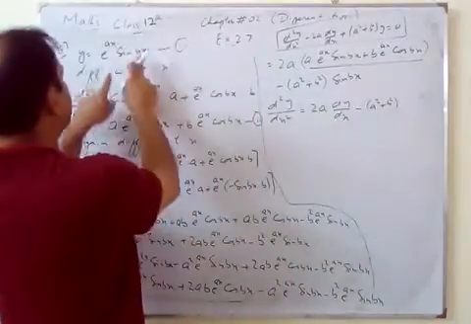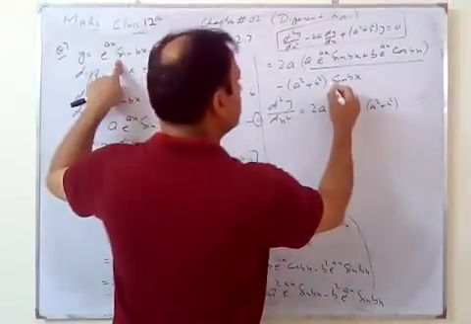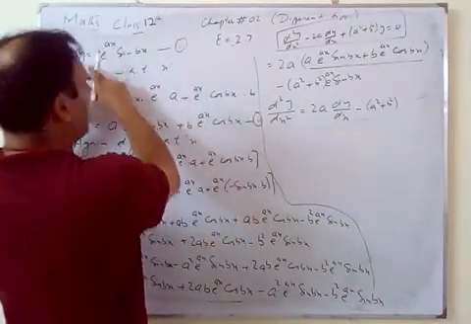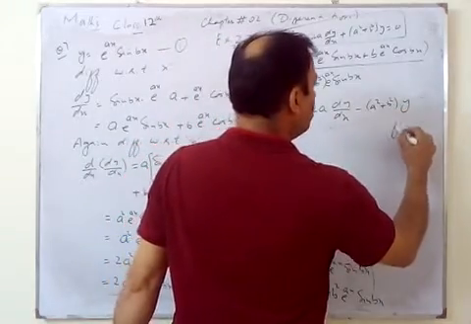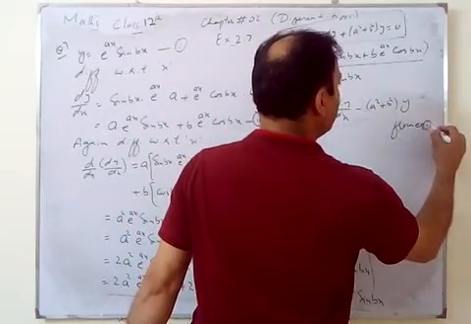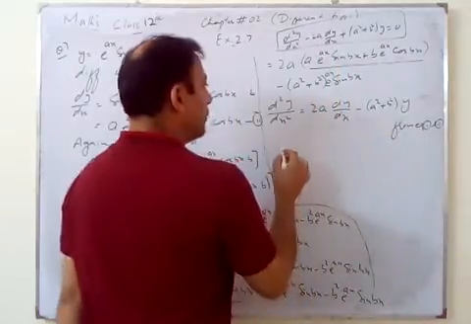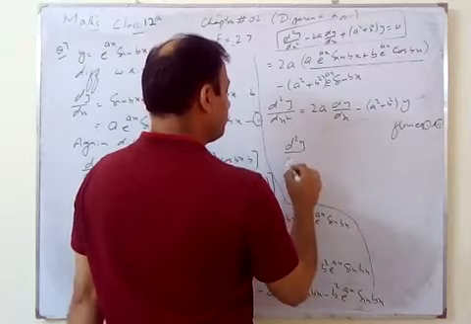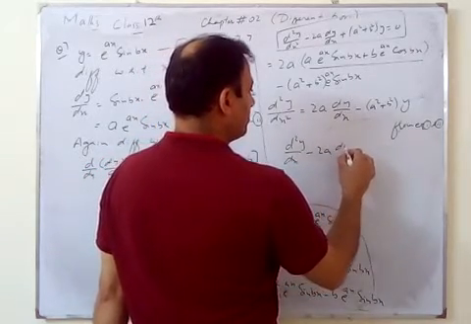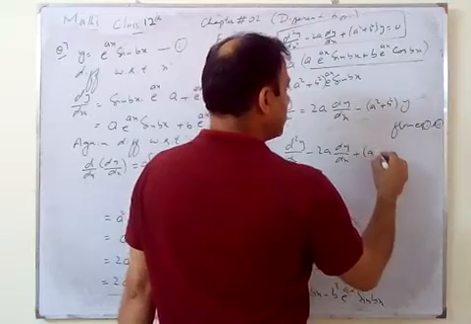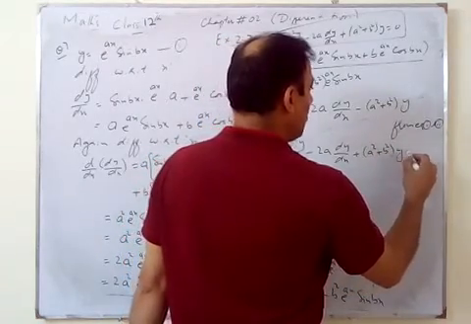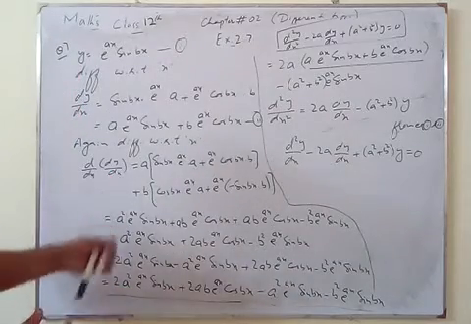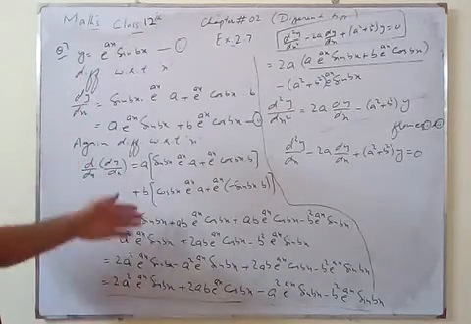And this e power ax into sin bx is y. From equations 1 and 2, take both the values from right to left, plus a square plus b square into y is equal to 0. So this is the method how to prove the question.